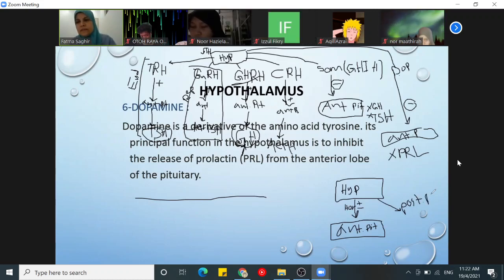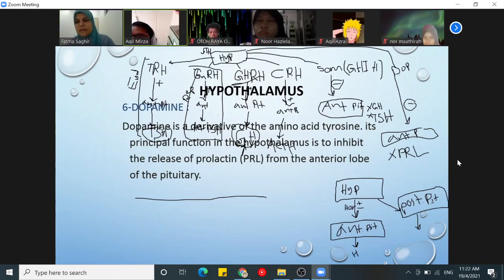Okay, I'm asking you, I'm not asking myself. Posterior pituitary, okay. So in response to hypothalamus, anterior pituitary will secrete hormones, isn't it? Yes or no? Okay. Posterior pituitary also is secreting hormone, but doesn't receive any hormones from hypothalamus. No hormones. Agree or not? Yes, doctor.